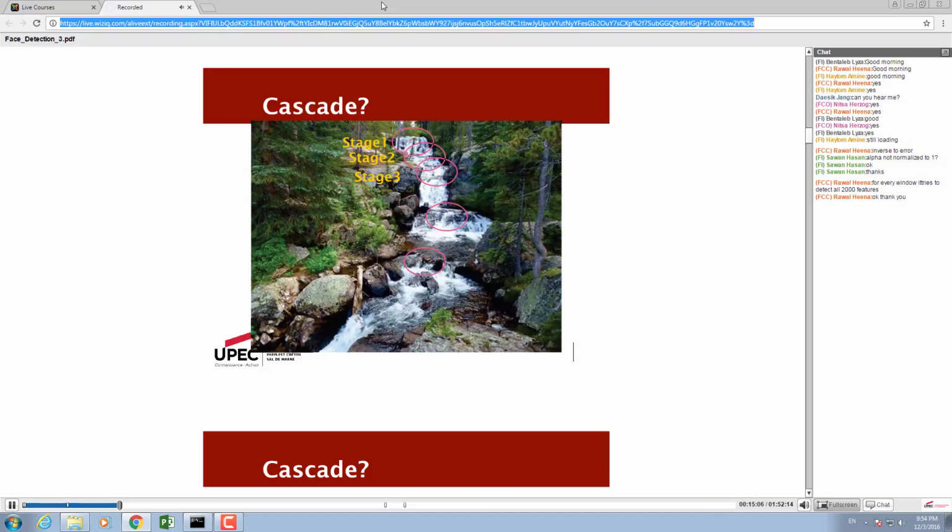What is cascade? Cascade means a kind of waterfall, a step by step structure, like this small waterfall. The water is flowing in every stage: one waterfall here, a second one, a third one, step by step. When the water flows from the top, it goes down and down and down.